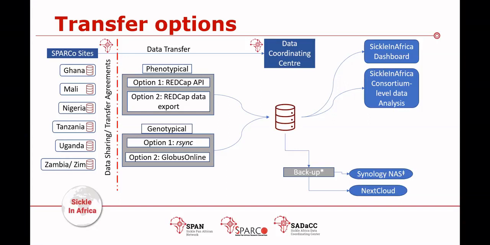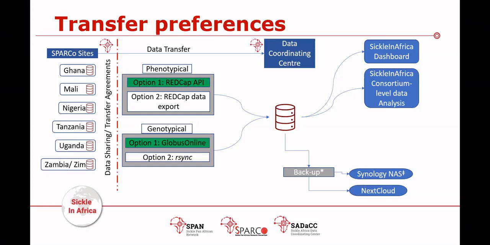I'll explain briefly why. So these are the preferred options: REDCap API for phenotype data, and Globus Online for vast amounts of data. The other two options are viable options, and can be done. But the ones in green, option one, is our preferred option.